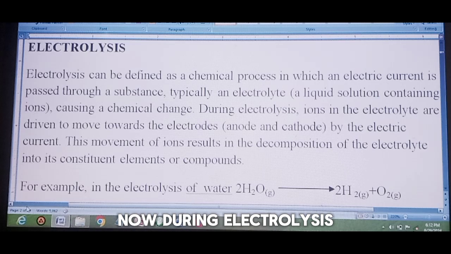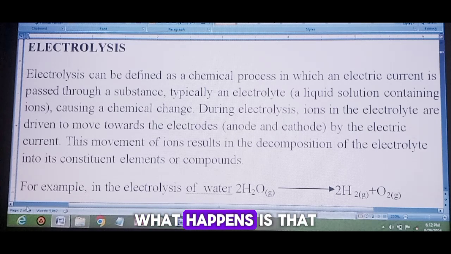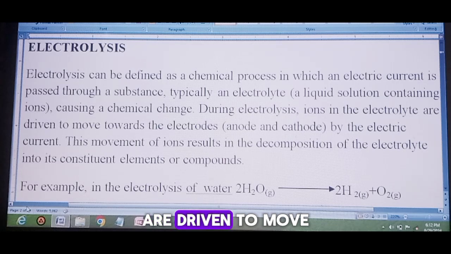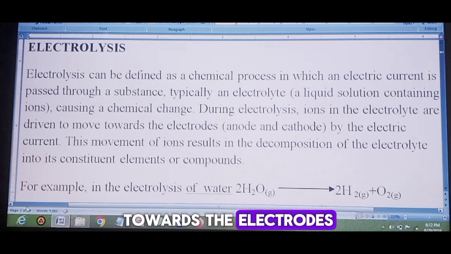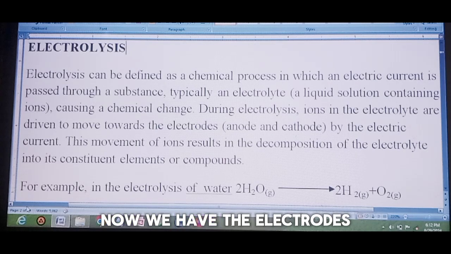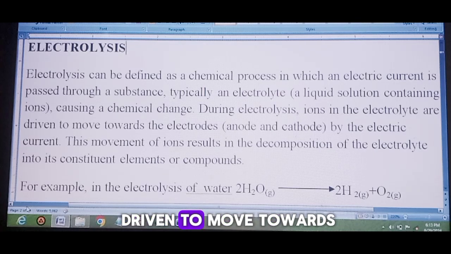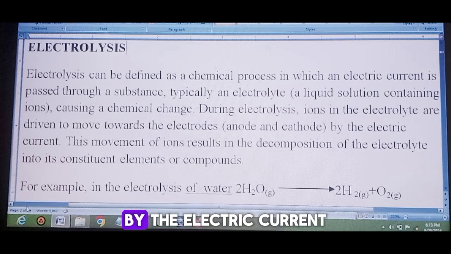Now, during electrolysis, what happens is that the ions in the electrolyte are driven to move towards the electrodes. I'm going to be explaining the electrodes. These ions are driven to move towards the electrode by the electric current, basically direct current.